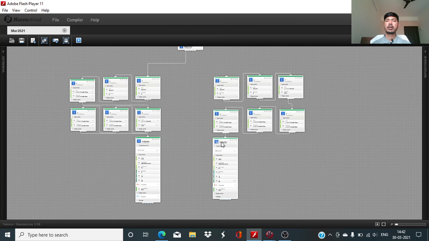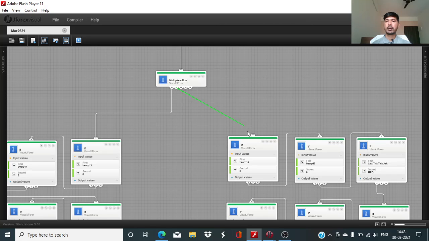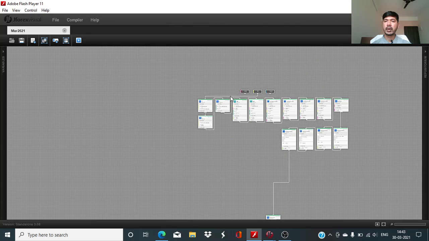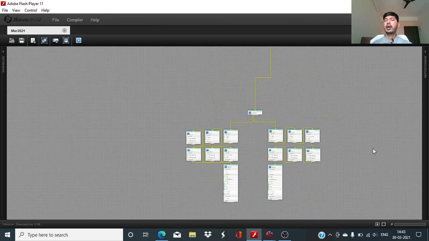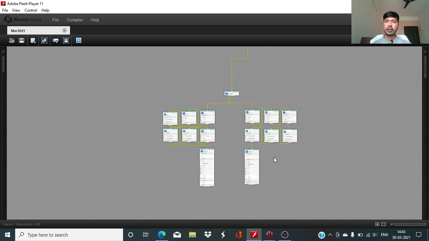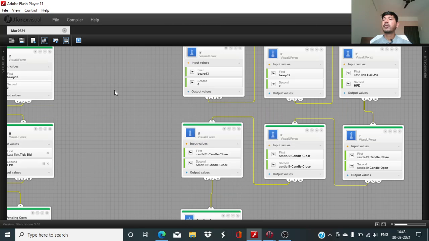Here is this sell side setup, and I will join it here, and we will check with color coding the on tick start point, and as you can see we have the iteration flow till the last point of the execution, the pending open.